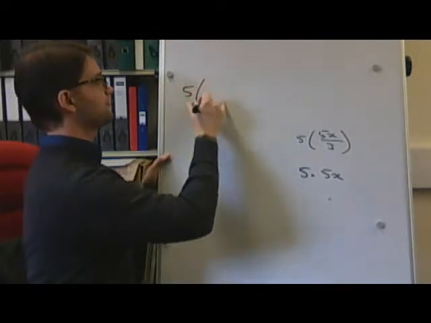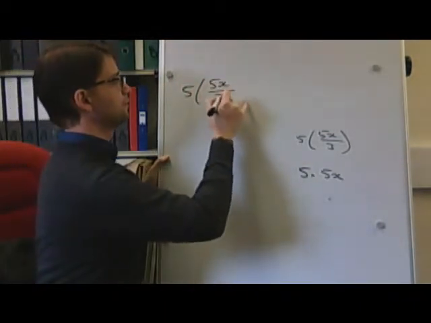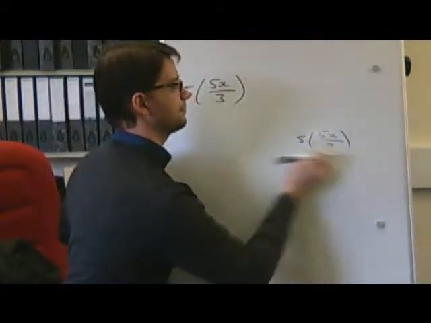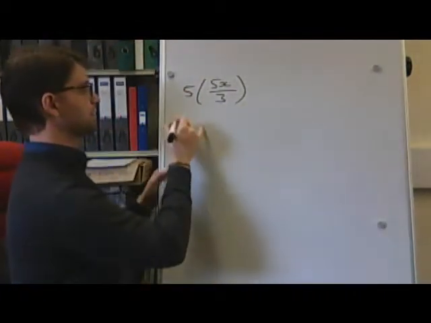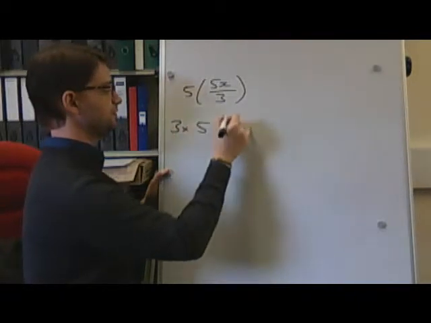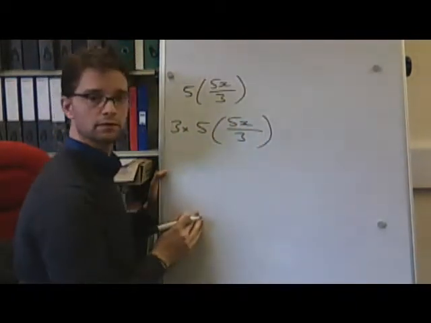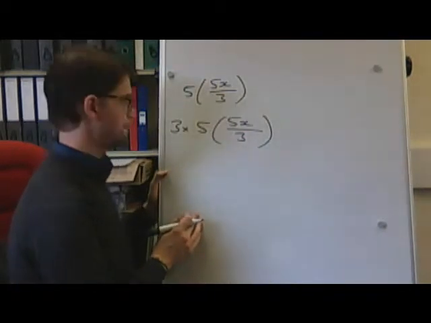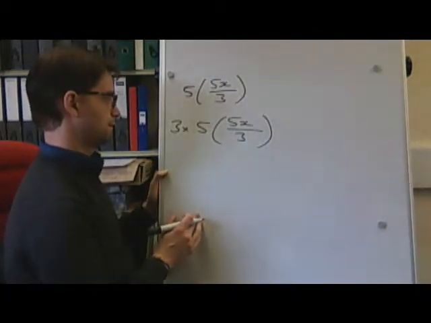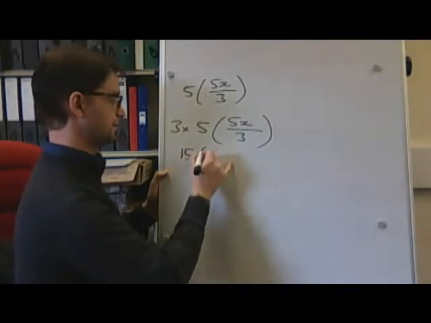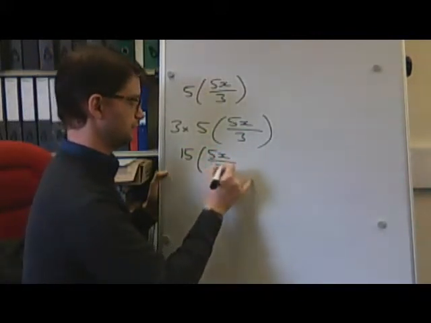I've got 5 into 5x over 3, and what I wanted to do was multiply that by 3. So I do 3 times 5 into 5x over 3. Well, that's going to give me 15 into 5x over 3.